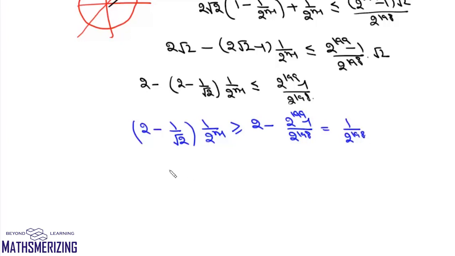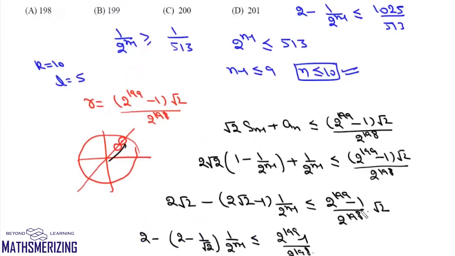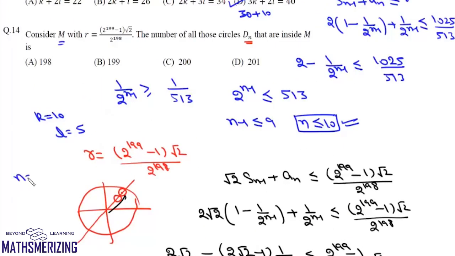So from here we'll get this condition that (2 minus 1 by root 2) into 2 to the power of 198 will be greater than or equal to 2 to the power of n minus 1. Now this value is less than 2. That means n minus 1 must be less than or equal to 198. So this n is less than or equal to 199. So the maximum value of n is 199. So the number of all those circles which are inside M is 199, and that's your option B.